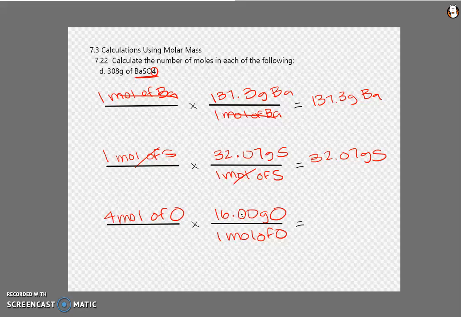If you look up oxygen on the periodic table, this number will be right under it, and then you would get 64. And then you have to add these 3 numbers, and when you do, you get 233.37 grams.